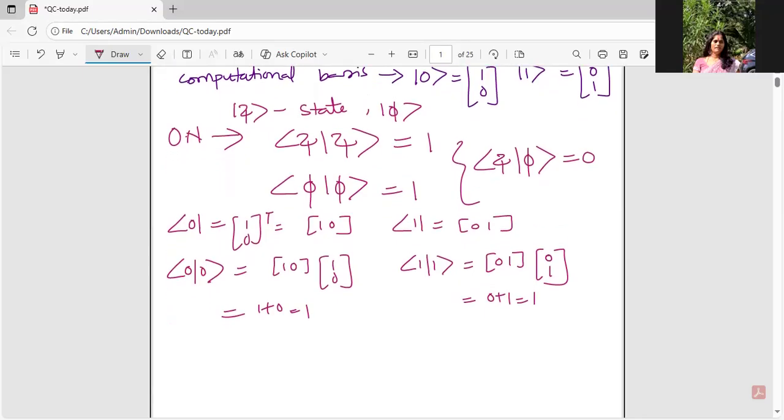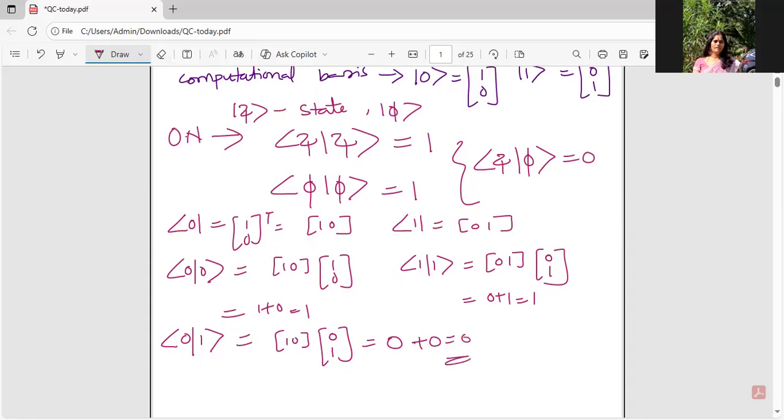Also, I will check the inner product between 0 and 1, or 1 and 0. Either one you can check. Bra 0 ket 1 would be the row (1, 0) and the column vector (0, 1). So what do I get? 1 into 0 is 0, 0 into 1 is 0.